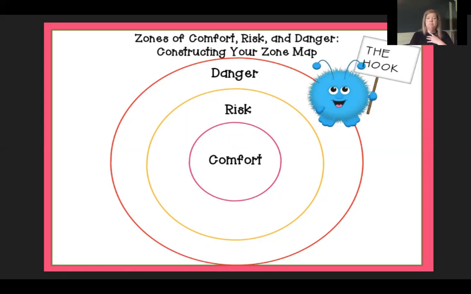So if you look at this particular graphic, you see that there's a comfort zone. So that's where they can do it completely on their own. Risk means that they can maybe do some of it on their own, but they may need support. And danger means I don't have any clue what I'm doing. I need that model for me. So the zone of proximal development is the area in between the known skills and the unknown skills.